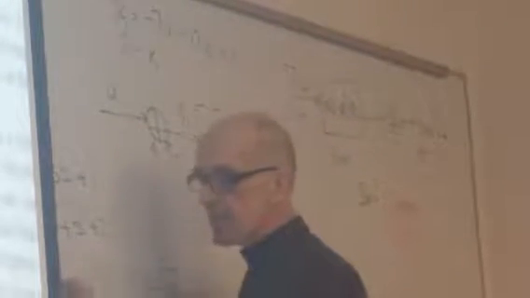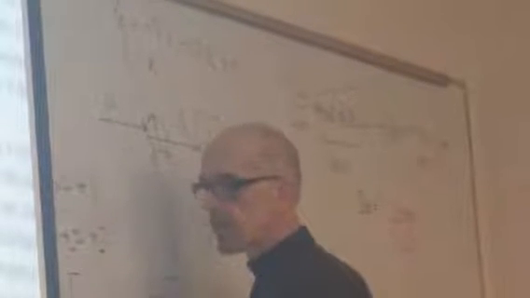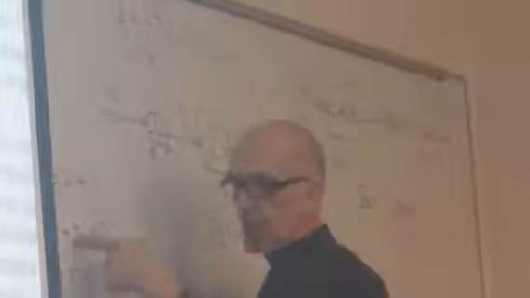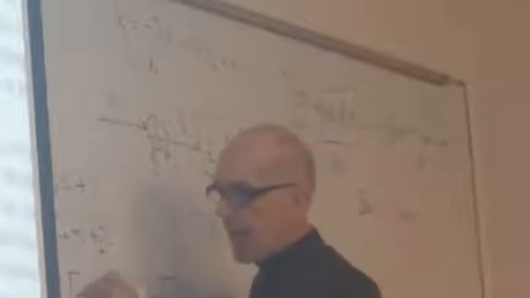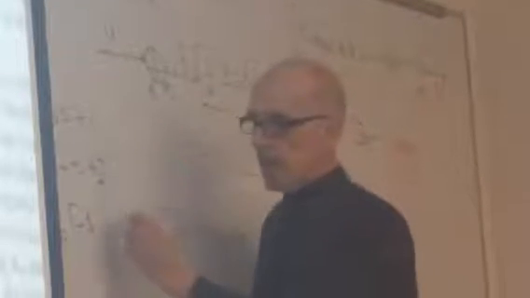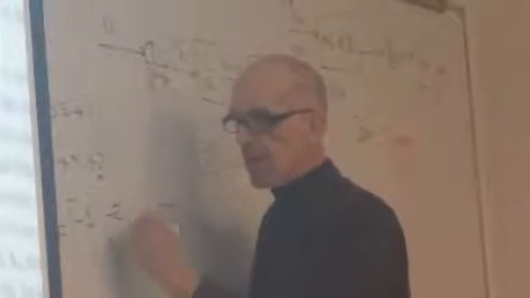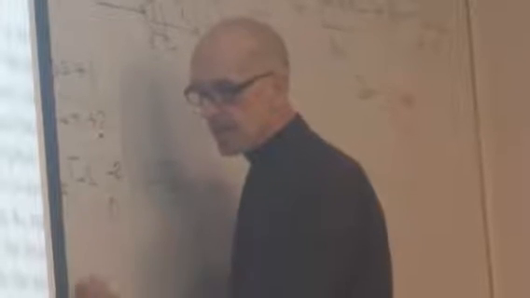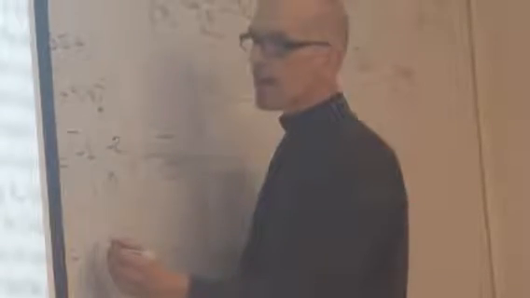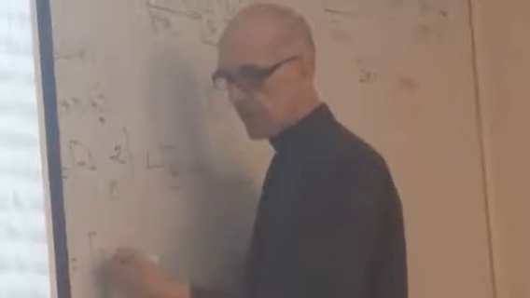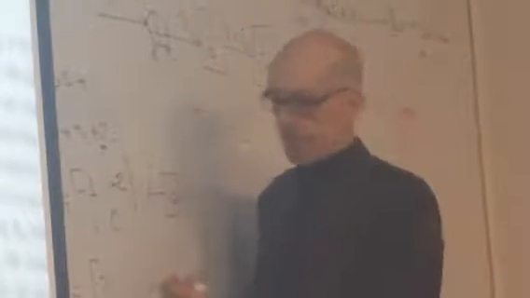So the A matrix would be the negative of this one, and the negative of this one, then 1, 0. The C matrix would be what? 3, 1.